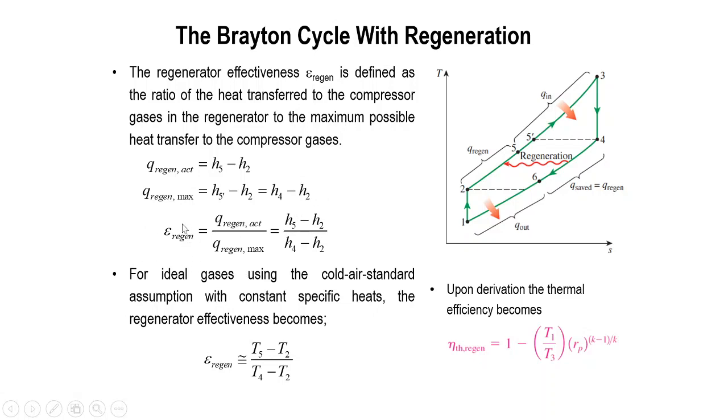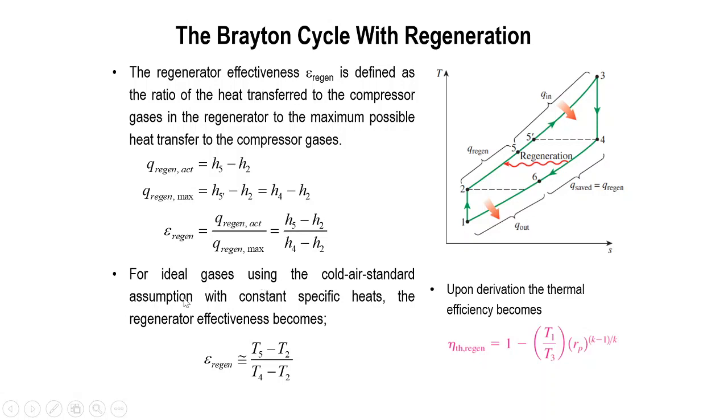So the effectiveness of regeneration is the Q regeneration actual divided by the Q regeneration maximum. Okay, so this is your formula.